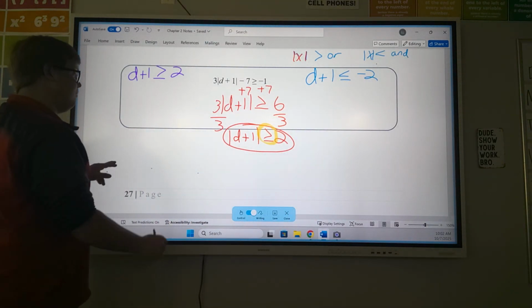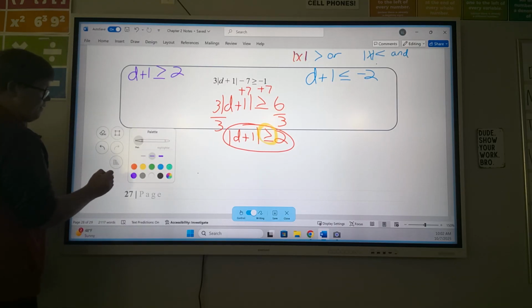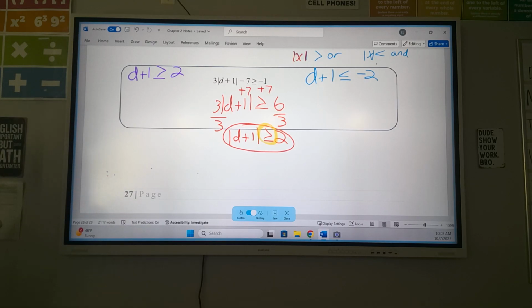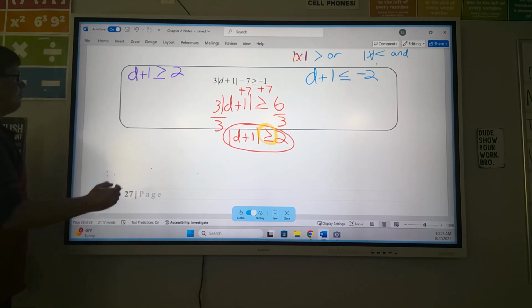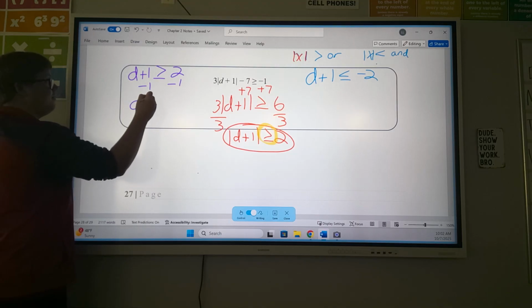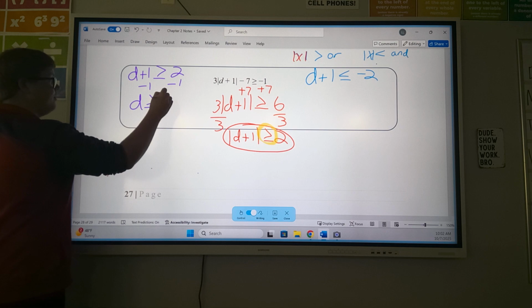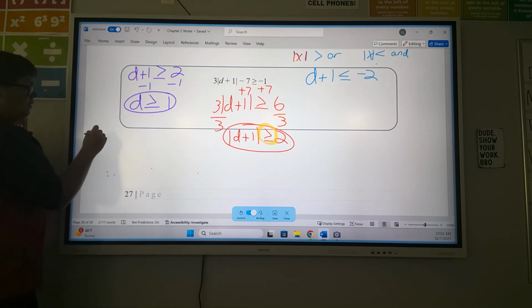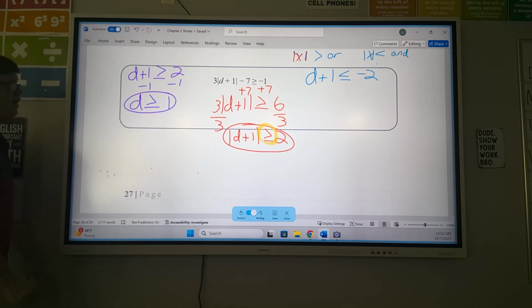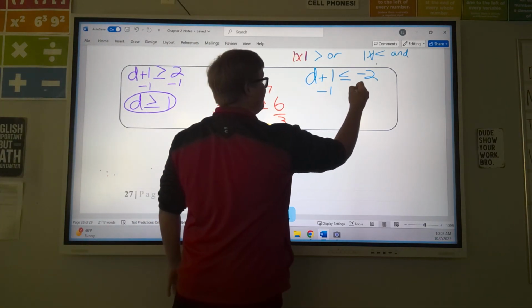Now, we solve both equations. The one on the left, to get D by itself, we need to subtract 1. We have D is greater than or equal to 2 minus 1, which is 1. On the right hand side, we need to subtract our 1 again.